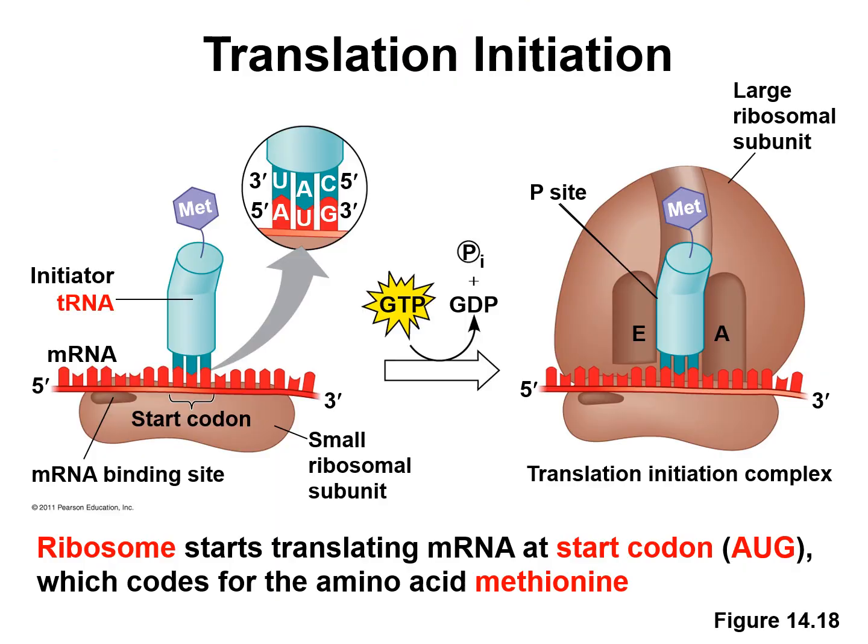All right, so let's just take a look at how translation works. So translation initiation, or starting translation, the ribosome is going to attach to the messenger RNA, and it's going to look for the start codon. So the start codon is always AUG, and that's always going to code for the amino acid methionine. So whenever you make a protein, the first amino acid is always going to be methionine.